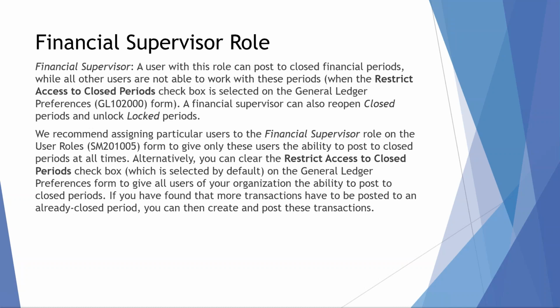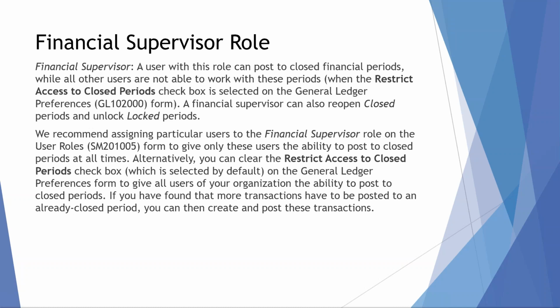They can also reopen closed and unlocked periods. So you want to be careful who you grant that access to, especially if you have a large accounting team. Again, you can see on the slide that we recommend assigning particular users to this role.